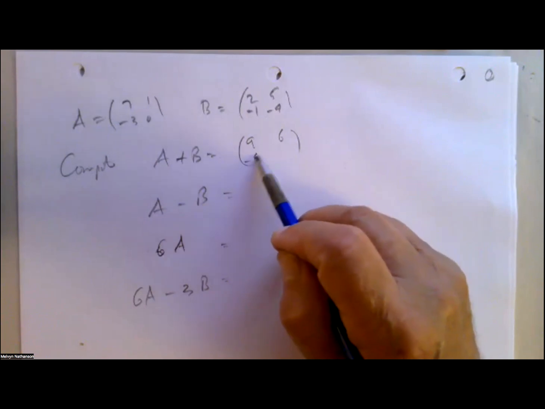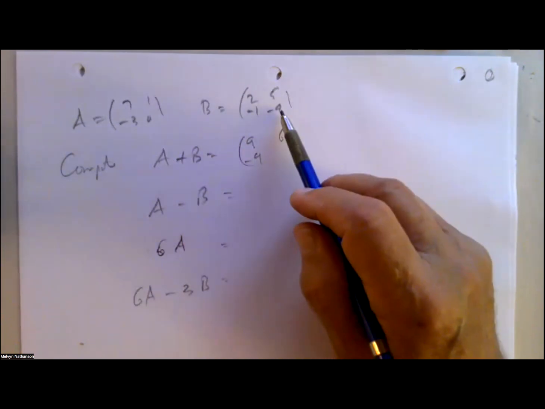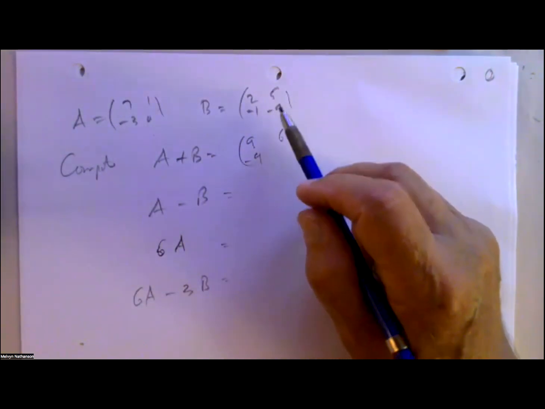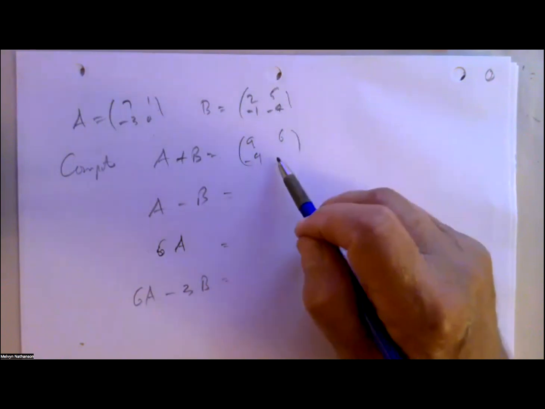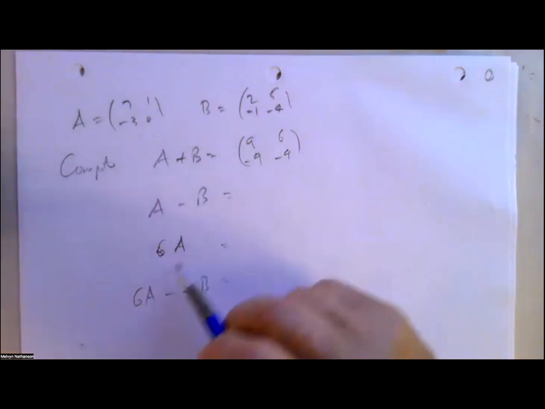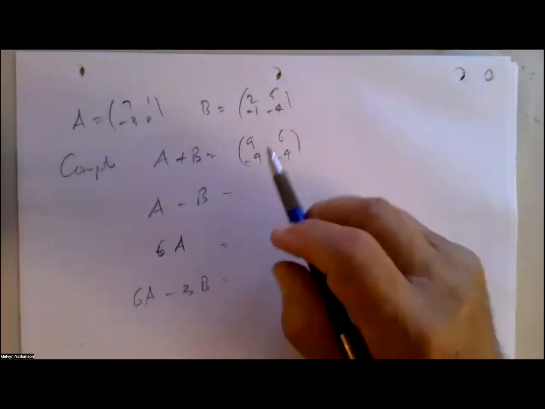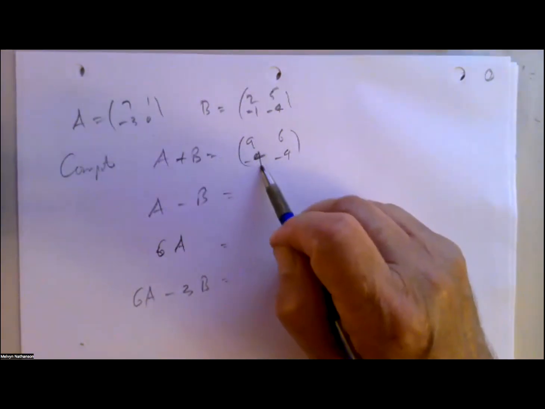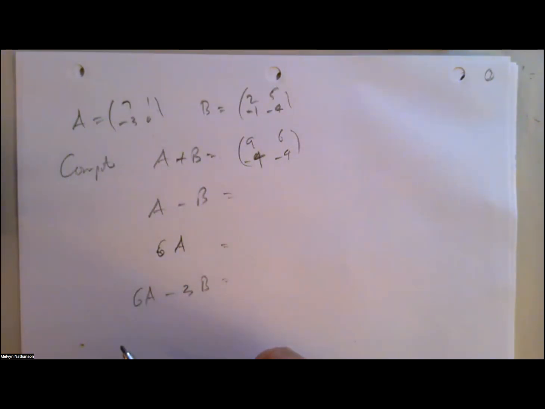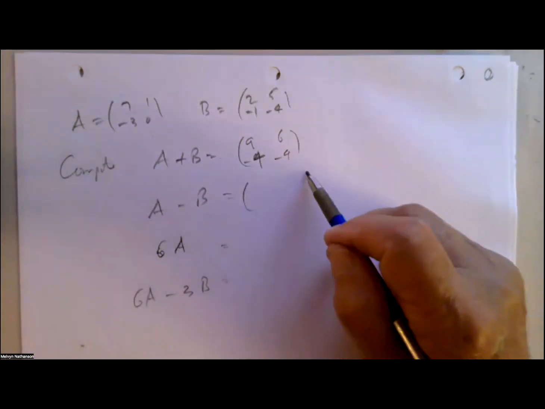Minus 3 minus 1 is minus 4. 0 minus 4, minus 4, yeah. Any questions about that? What is A minus B?